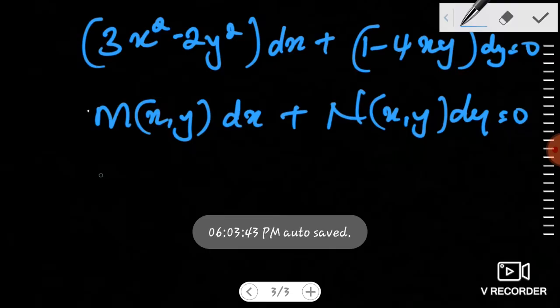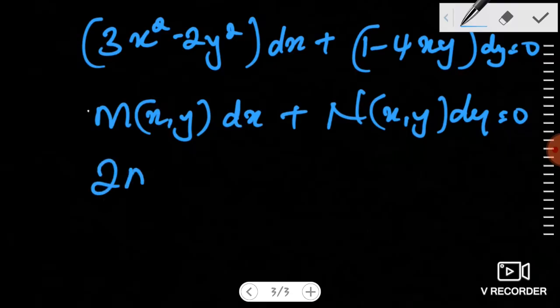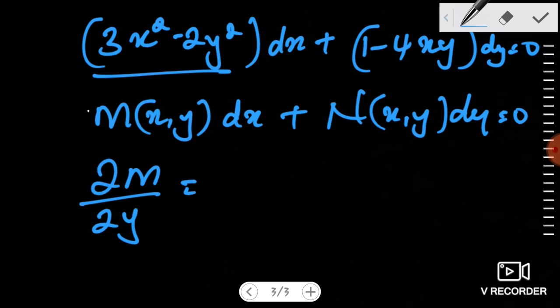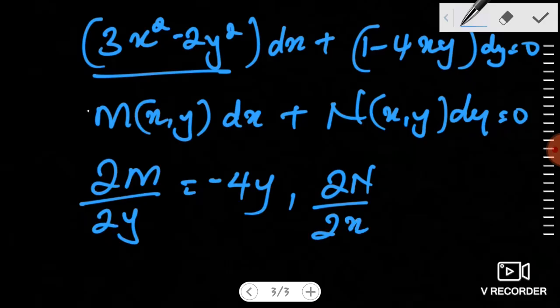Now, the partial derivative of M with respect to y: if you differentiate 3x squared with respect to y, you get 0, and the other term will be negative 4y. Now, the partial derivative of N with respect to x: if you differentiate 1, you get 0, and if you differentiate negative 4xy with respect to x, you get negative 4y.